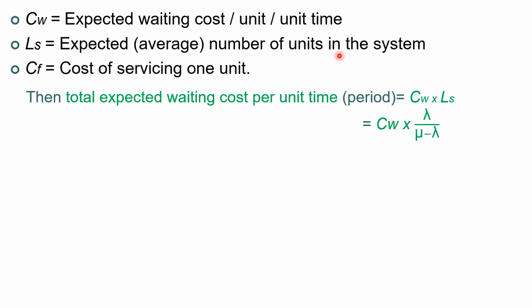When the number of customers in the system is multiplied with the expected waiting cost, you get your total expected waiting cost per unit time.